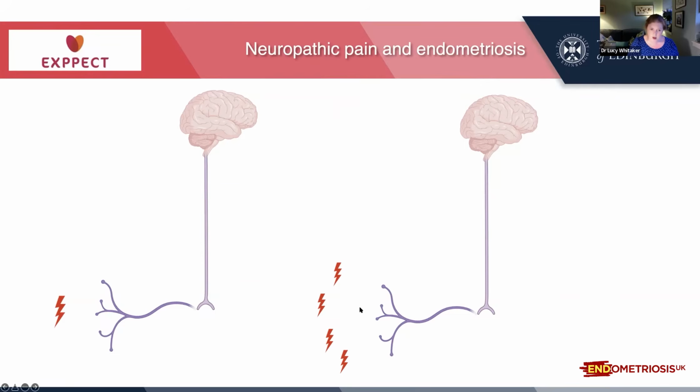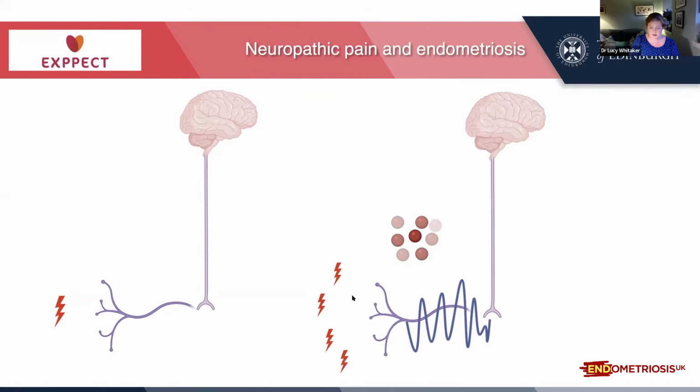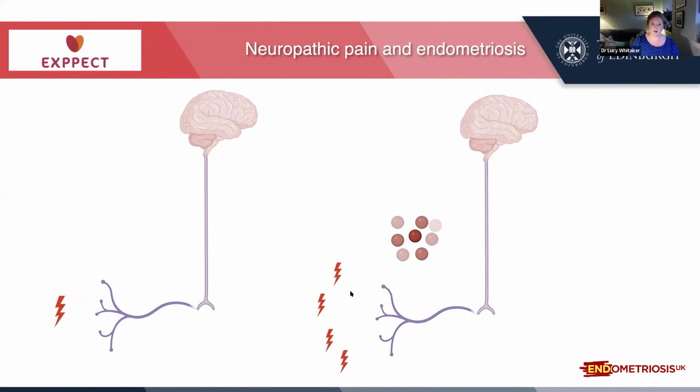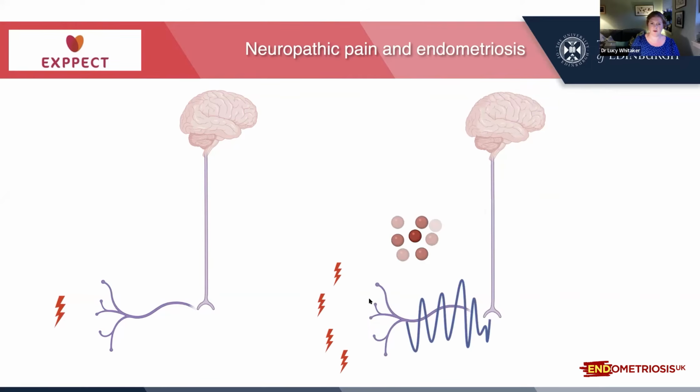But you've got this chronic pain stimulus, and as well as that, you've also got a lot of inflammation. And the combination of this, plus lots of factors which are secreted by the endometriosis lesions themselves, all act on the nerve fibers and make these nerve fibers very overexcitable. So they start to perceive a pain signal much more easily.